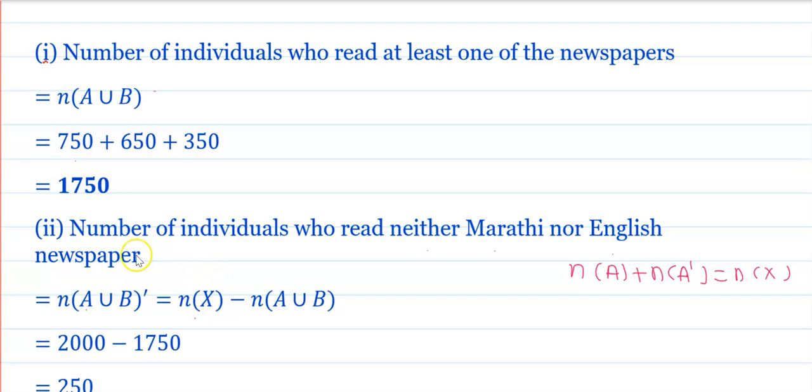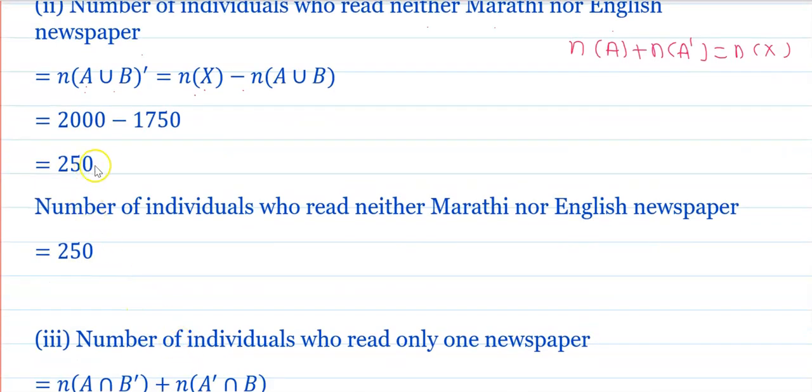And what we want to find out is the number of individuals who read neither Marathi nor English newspaper, that is n of A union B complement equals n of X minus n of A union B. That is 2000 minus 1750, and if we take their subtraction, we get 250. Therefore, the number of individuals who read neither Marathi nor English newspaper is 250.